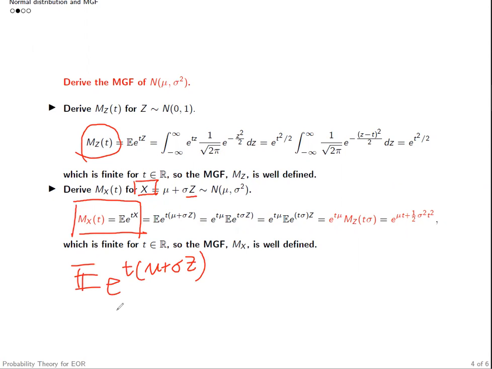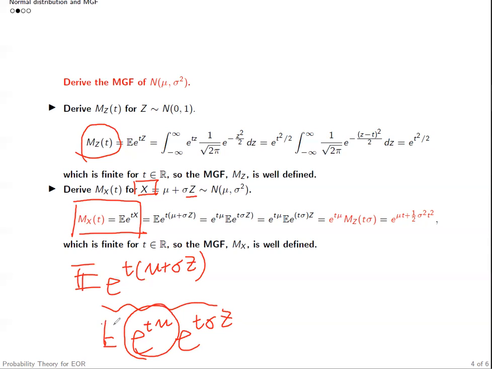Note here, if we look at this new random variable, it contains two parts: t mu plus t sigma z. The t mu here is a constant, right?